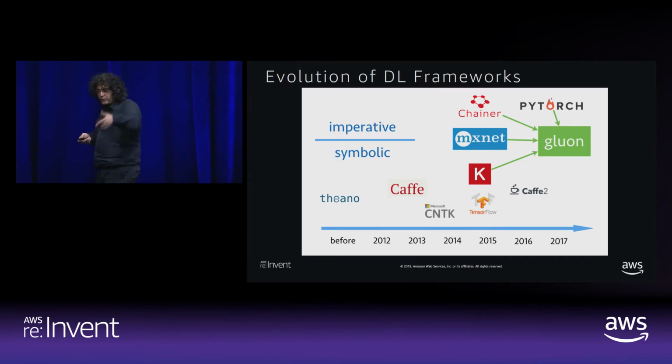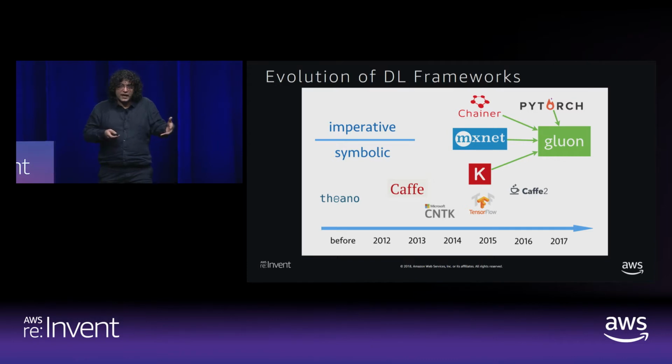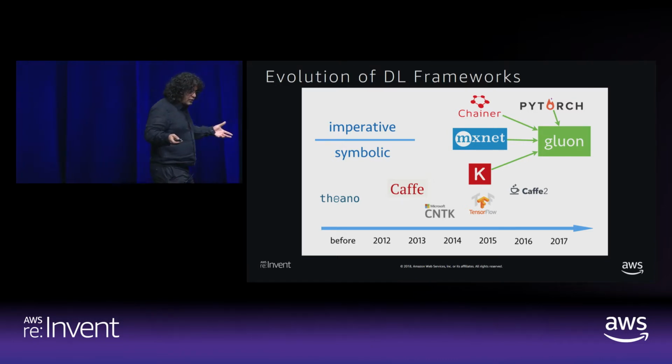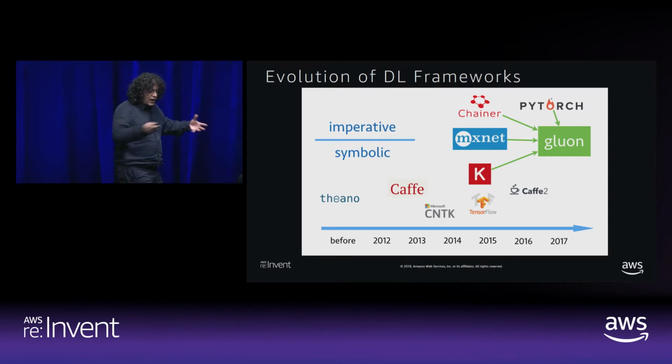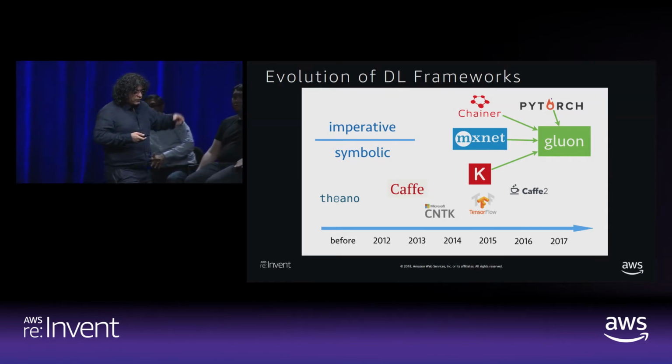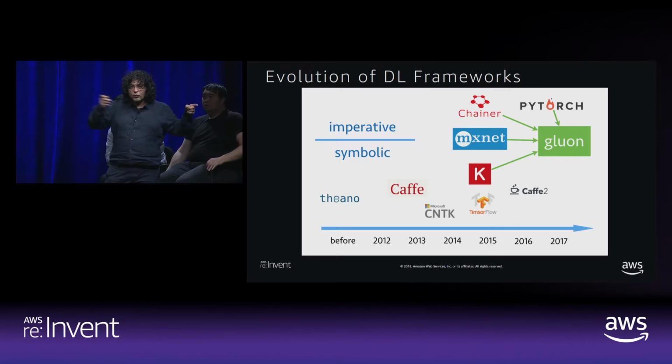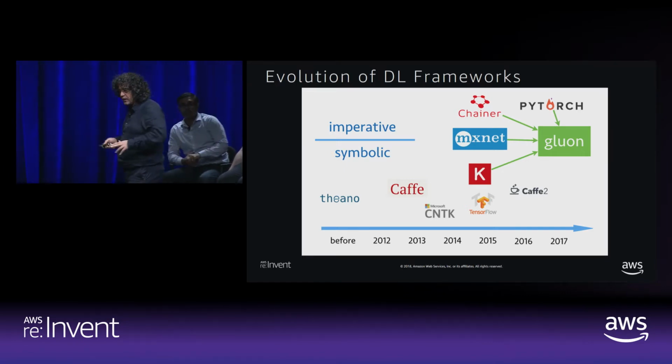It's very friendly in terms of developers being able to develop things quickly and well, while at the same time it gives you all the performance that you want to get from a symbolic framework. So your model from your experiment to your production remains within the same boundary, so you don't have to go in and out and convert things.